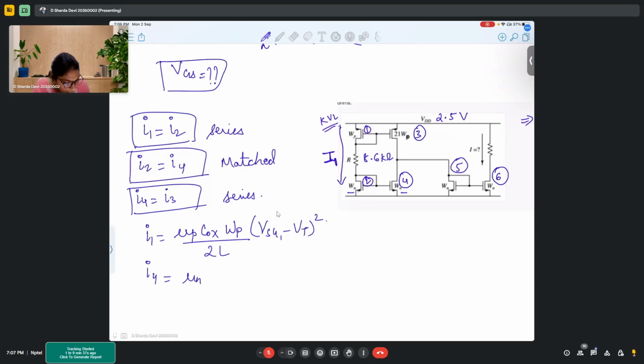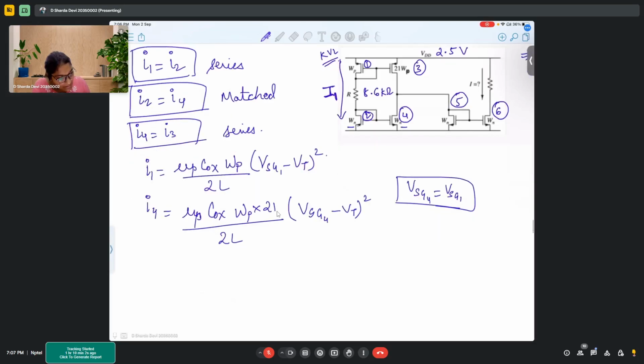I4 is mu p Cox Wp into 21 by 2L, (VSG4 minus VT) whole square. But VSG4 equals VSG1. So here we see I4 is 21 times I1, correct? So I4 is 21 times I1.